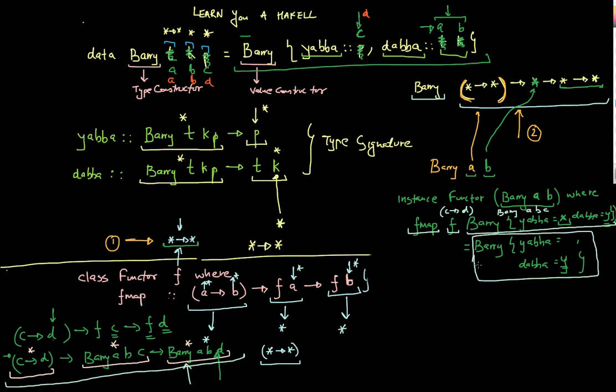Barry ABD is going to have a value which is the Barry type constructor followed by Yaba, and Yaba is going to have a value of type D, followed by the second component Daba, which is going to have a type of AB.